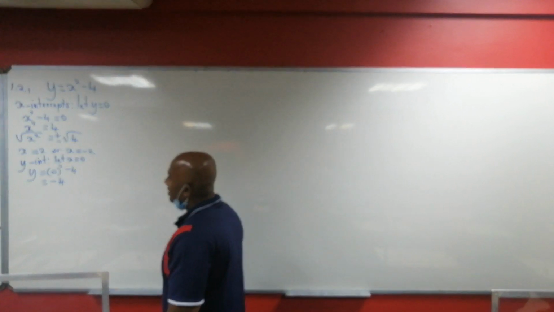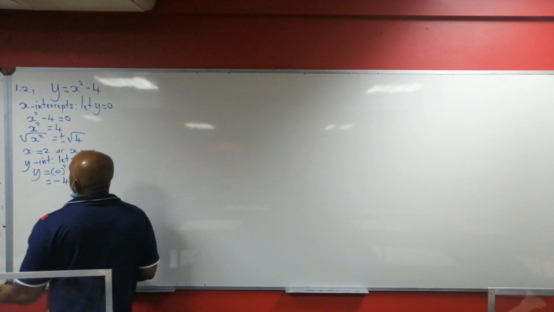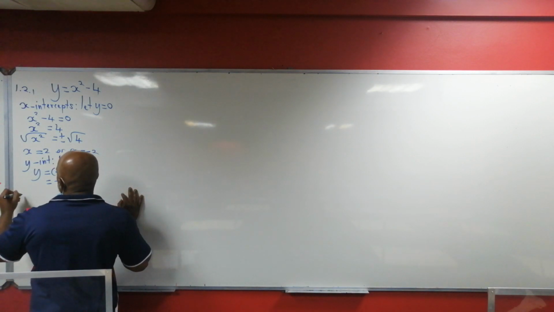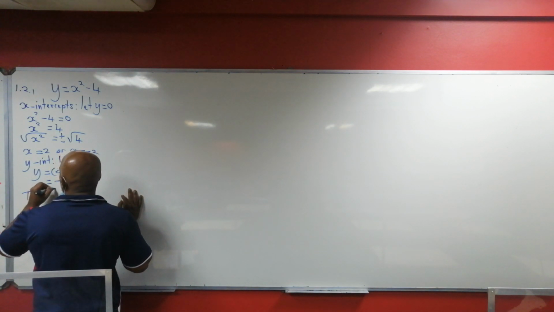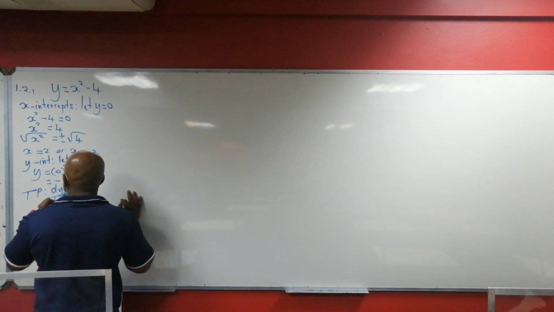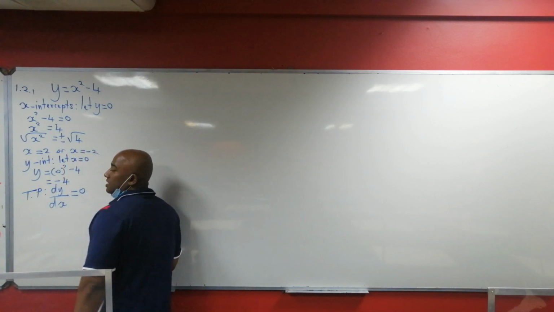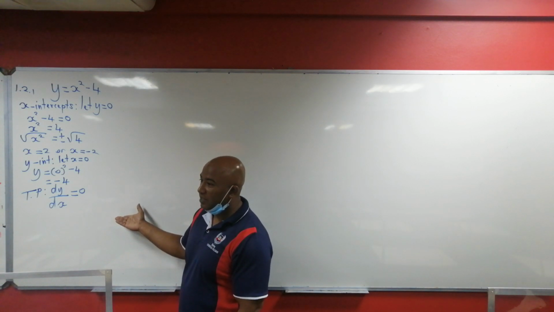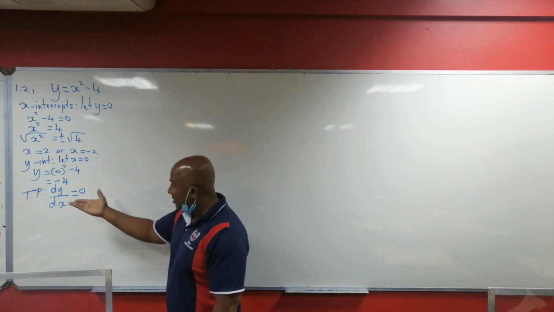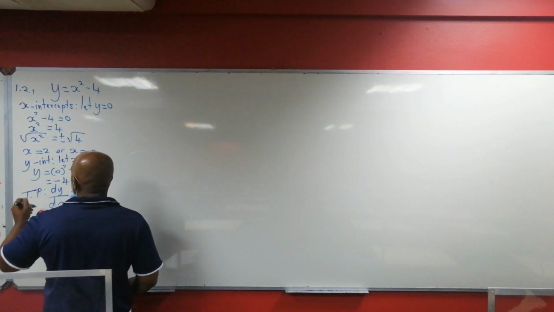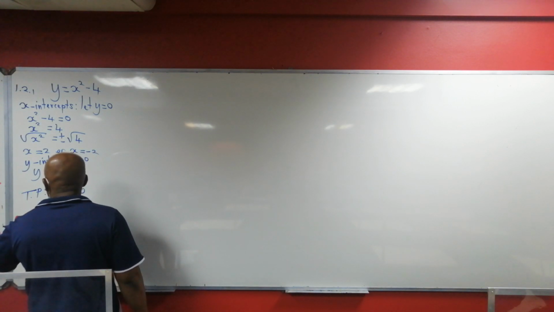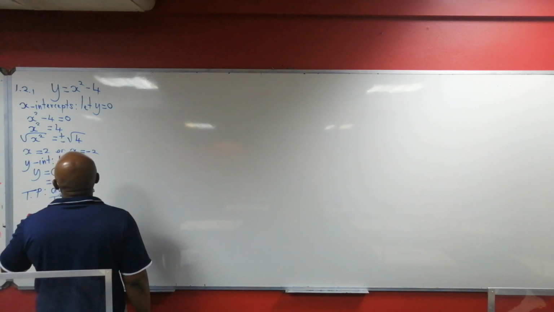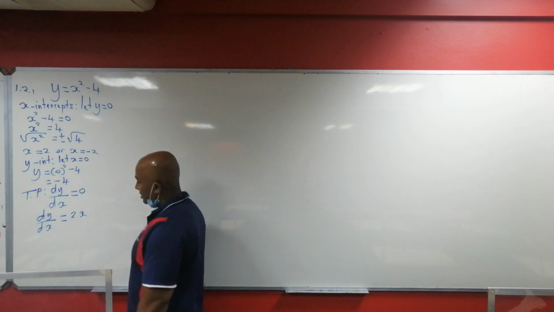Now the turning point. For your turning points, find dy over dx, make it equal to 0 and solve for x, or minus b over 2a if you're using that. When you're doing calculus now, it's easy to find dy over dx. So dy over dx is equal to 2x.